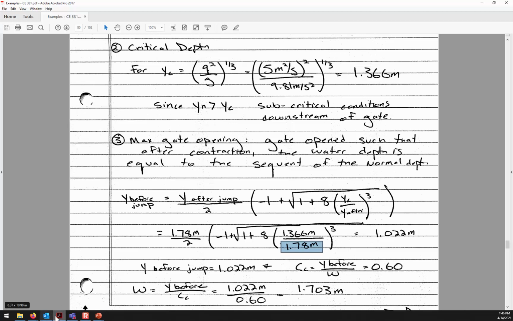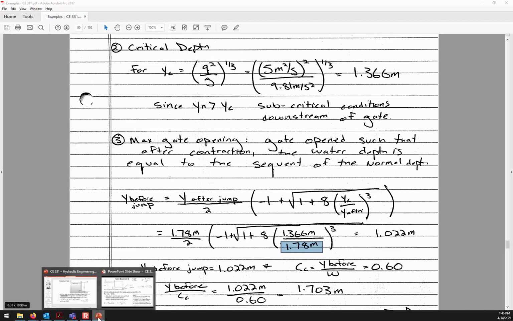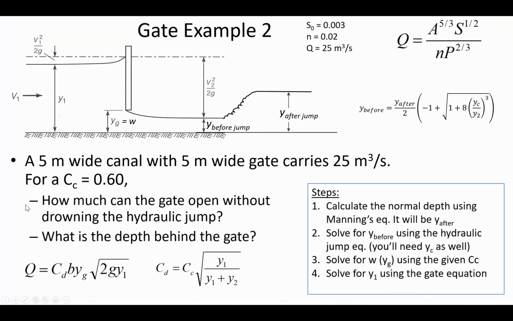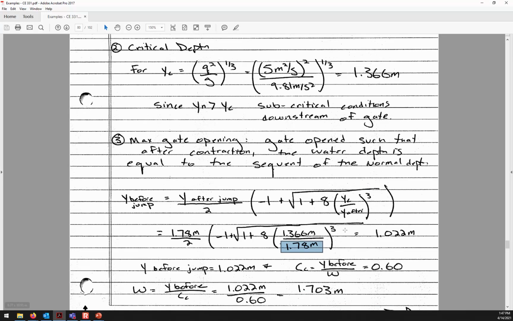All right, so I think that we've addressed everything in the example in this first bullet point. How much can the gate open without drowning? If you open the gate 1.703 or less, then the hydraulic jump will either be right in front of the gate or pushed further away.